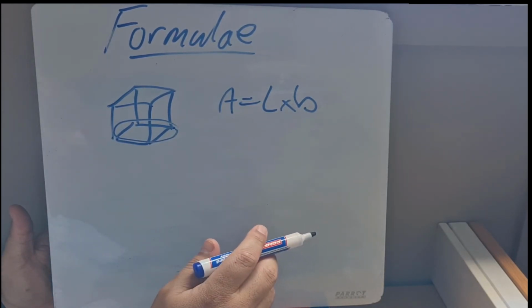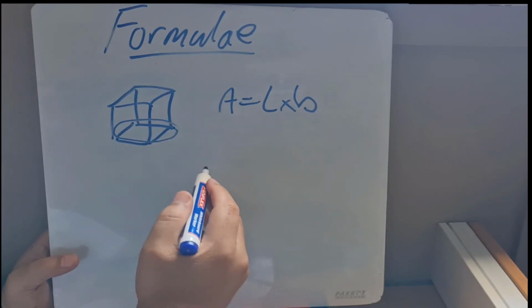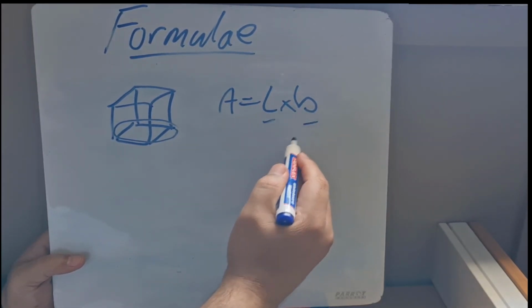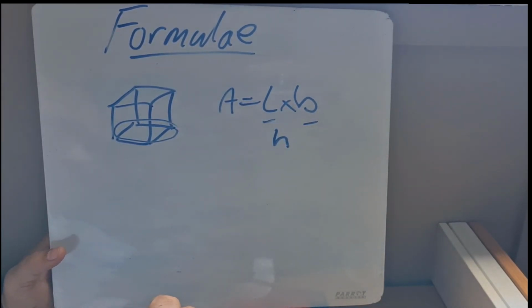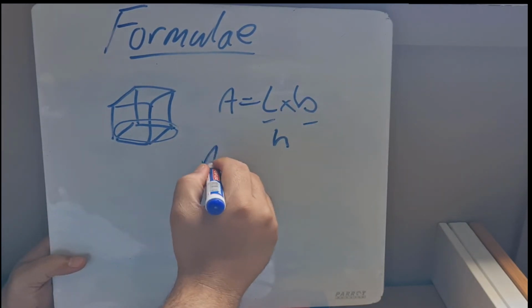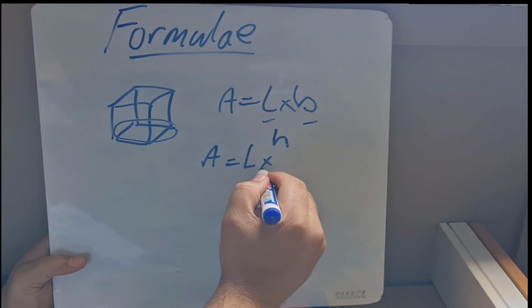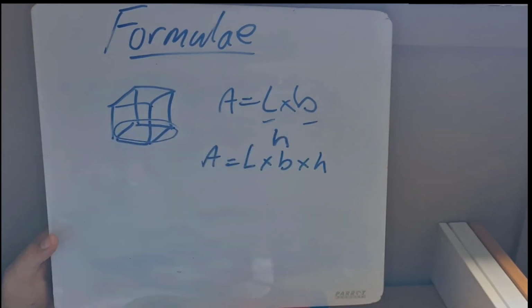However, we now have a 3D shape, so it's going to be different. We not only have length and breadth, but we also have height. So when it comes to a 3D object that we are doing, our area is going to be length times breadth times height.